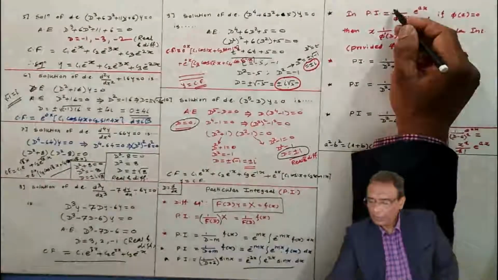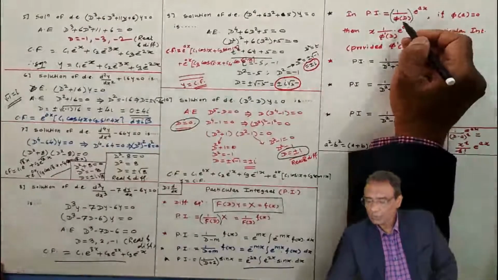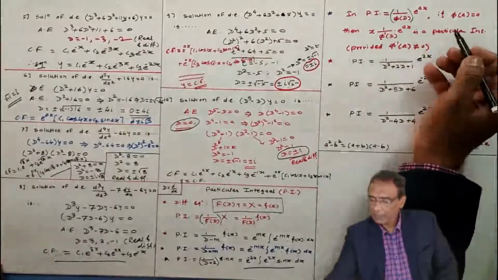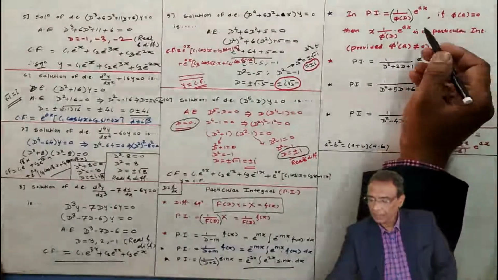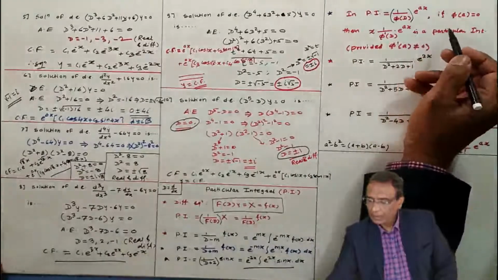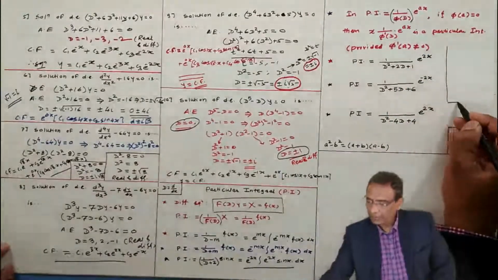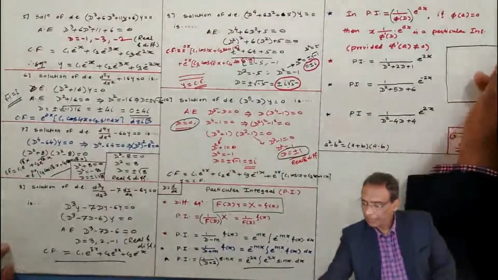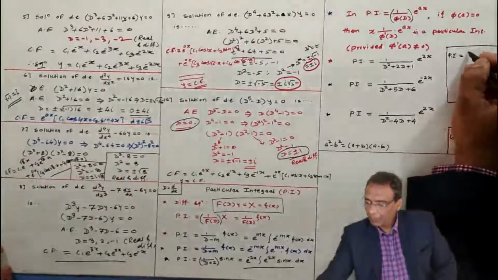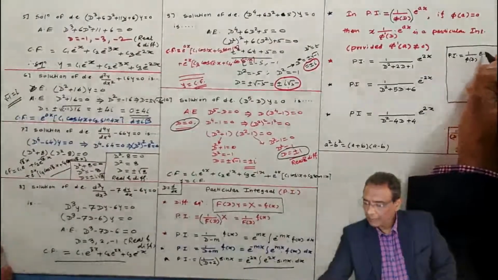If you operate 1 by phi D or 1 by f D on e to the power x, what to do? Replace D by a. Provided the denominator is not going to become 0. See, here I am writing separately. Particular integral 1 by phi D or f D, whatever, e to the power ax.